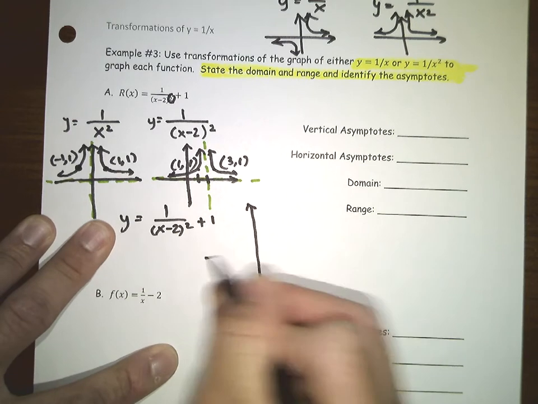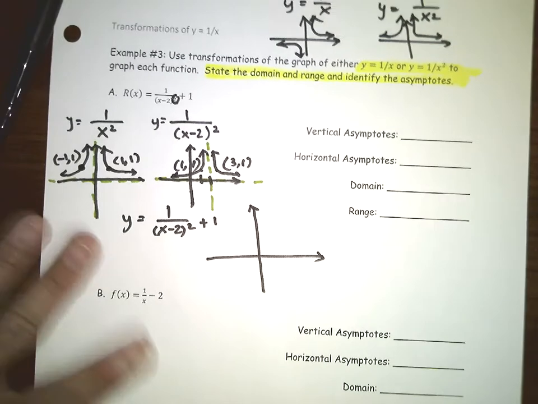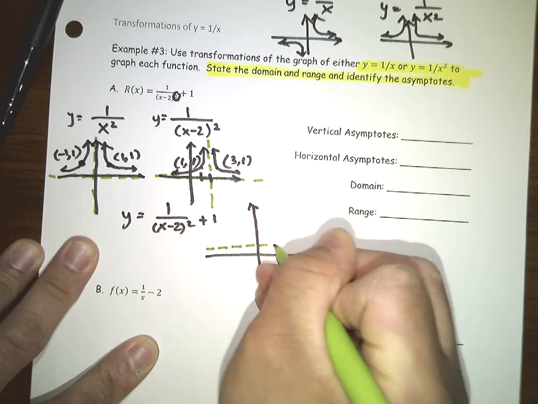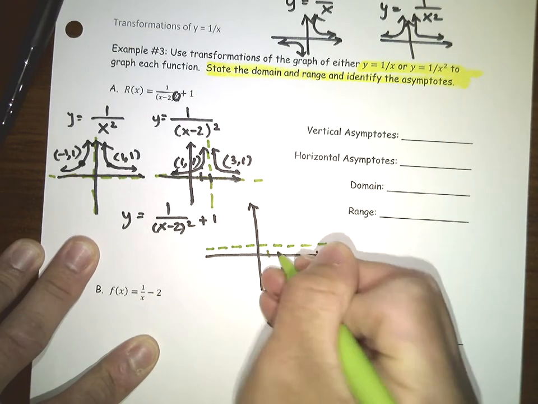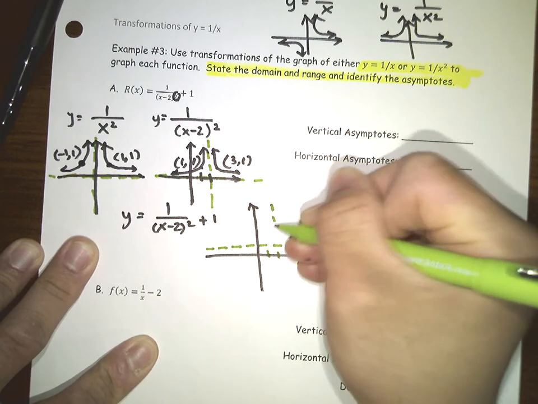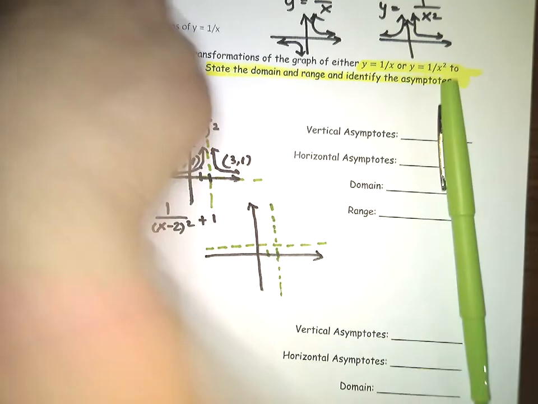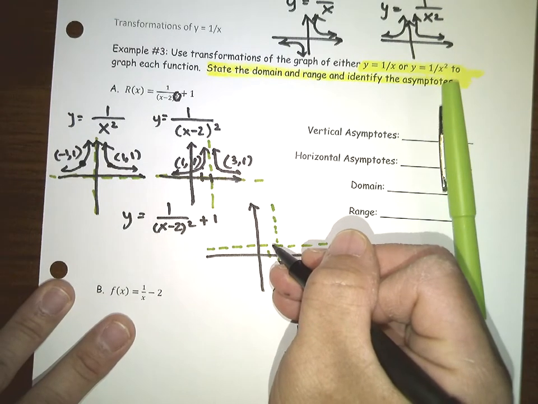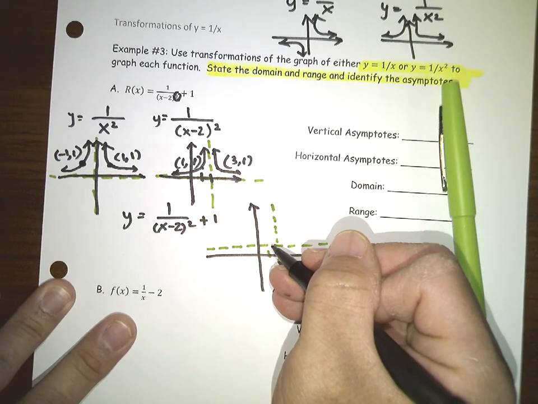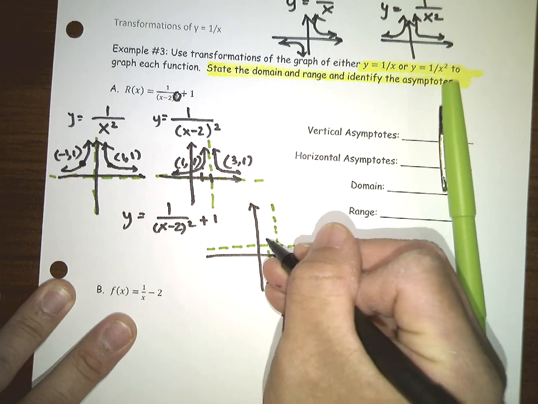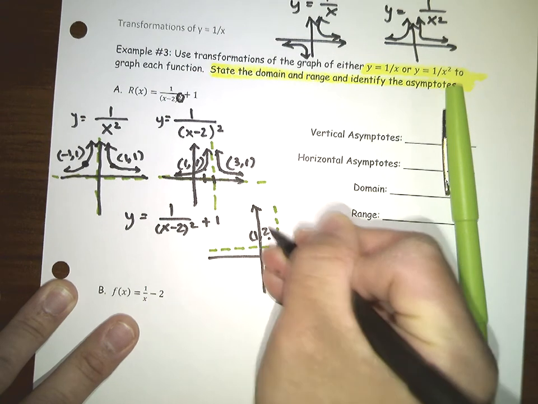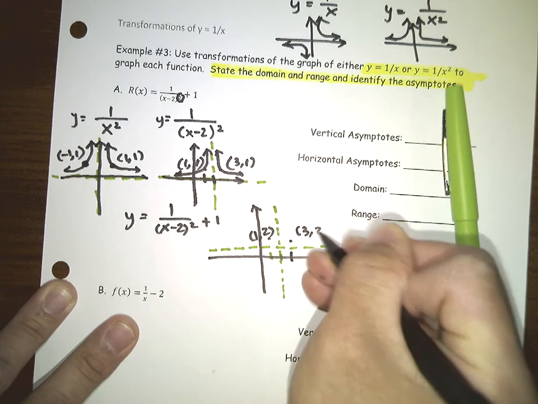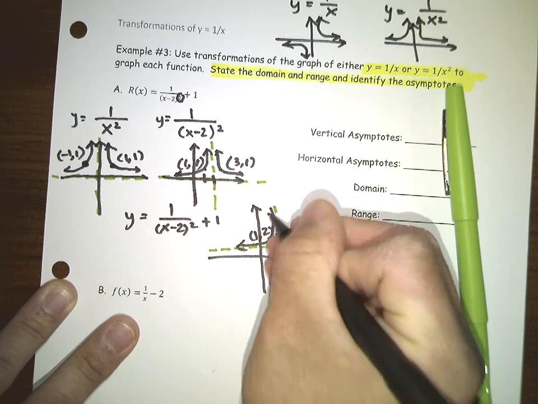So that means that the horizontal asymptote gets shifted up 1. So here's 1, and then we had the vertical asymptote at 2. So now the points are at 1, 2, and at 3, 2, and there's my graph.